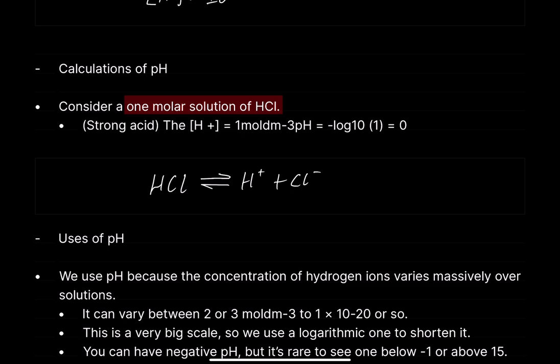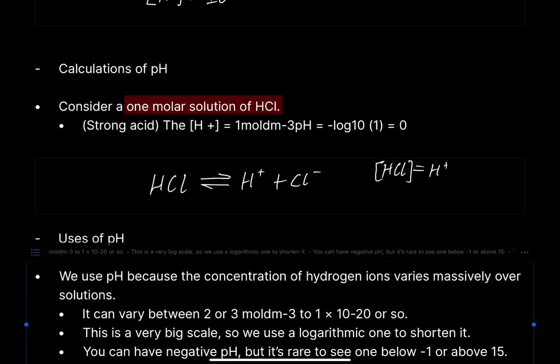Theoretically, when we're talking about the concentration of HCl, it really is the concentration of HCl; we don't really talk about it as being the same thing as the concentration of H plus. We consider them different talking points.